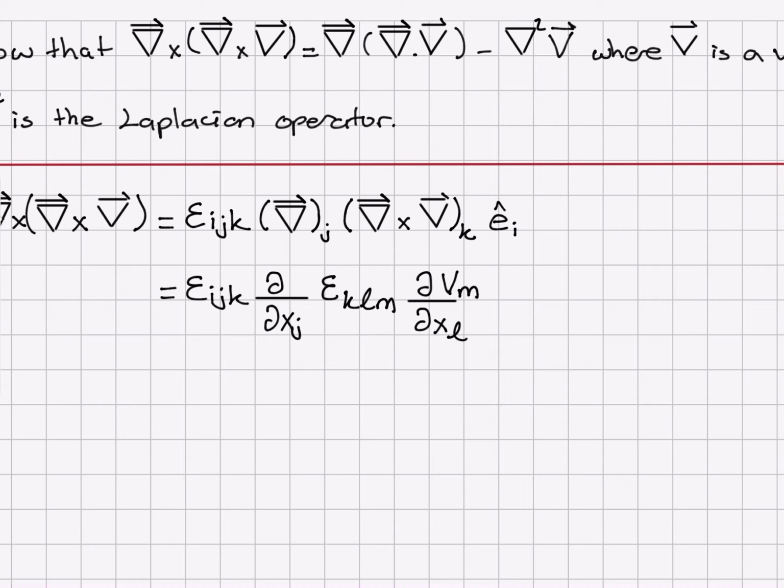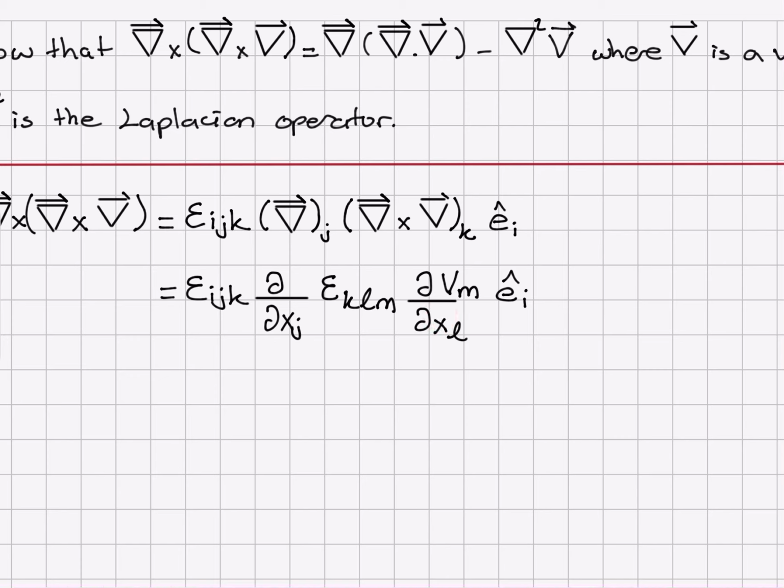So curl of V is normally epsilon klm del xl Vm in ek hat direction, but we're taking the kth component, so there's no ek hat. So we have this term.